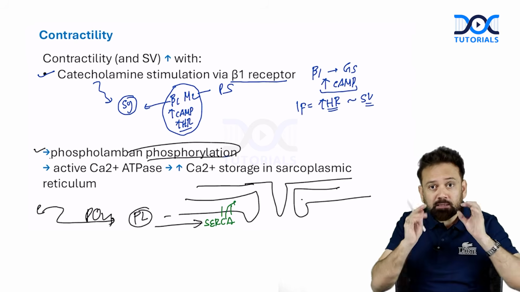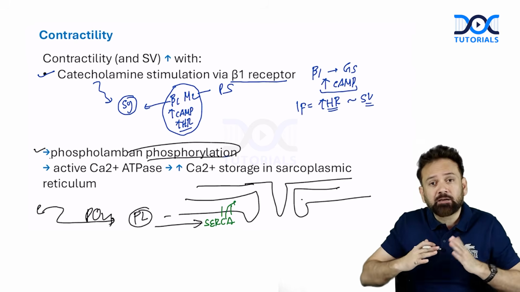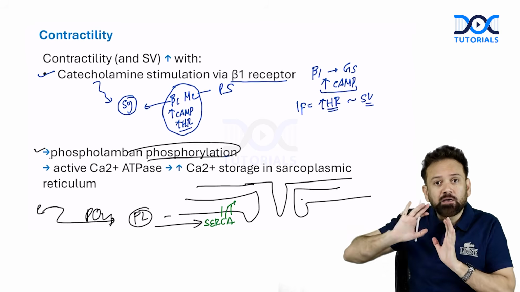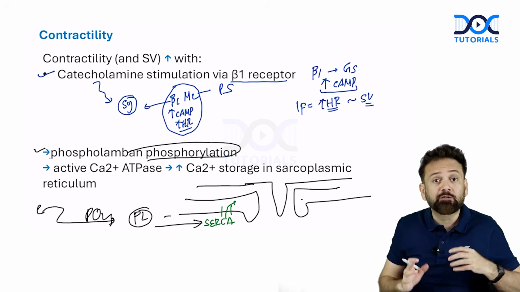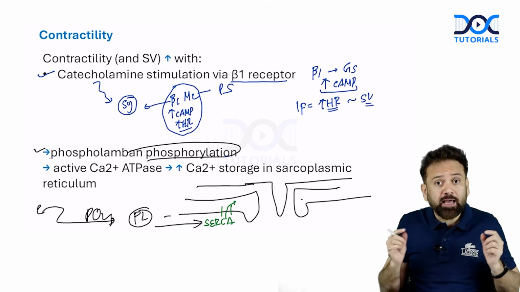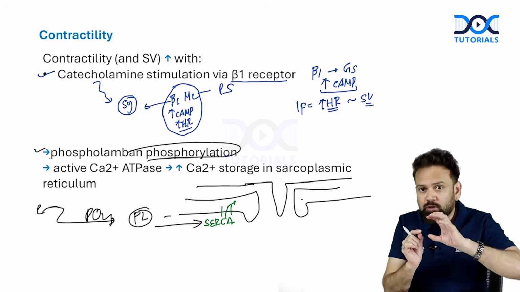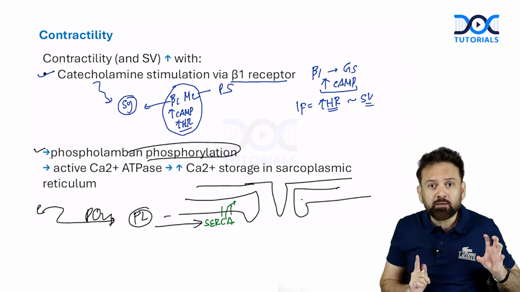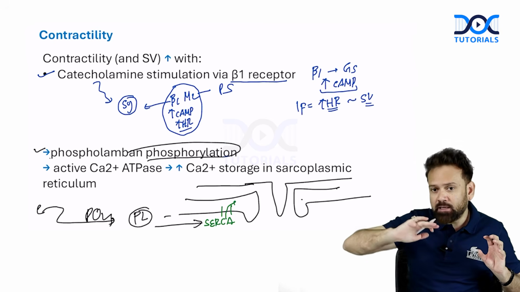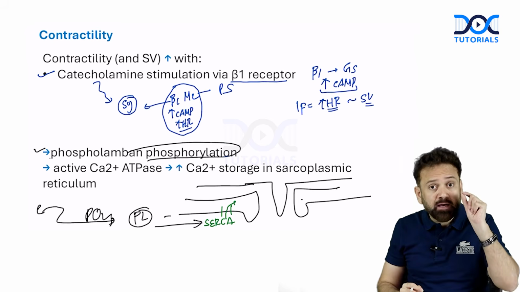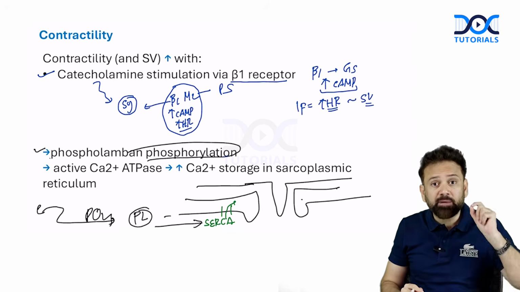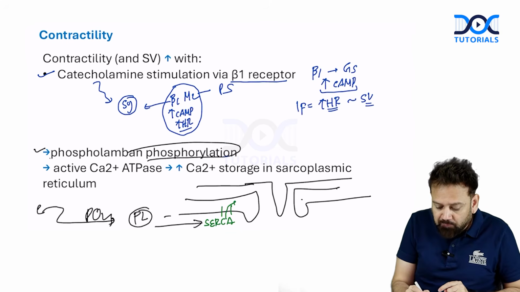Listen carefully. SERCA pumps calcium back into the sarcoplasmic reticulum, so that relaxation can happen, because relaxation is also an active process. And this SERCA is usually inhibited by phospholamban, so that relaxation is very slow. But when there are catecholamines, norepinephrine, they cause phosphorylation of phospholamban.